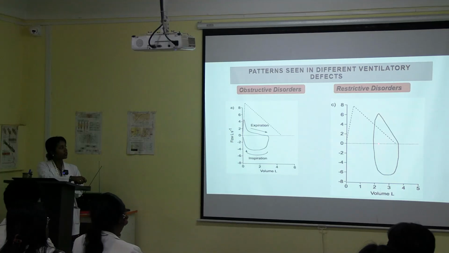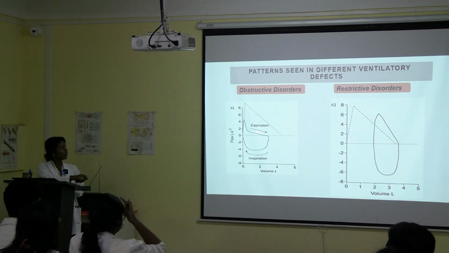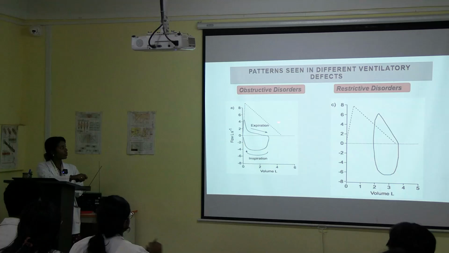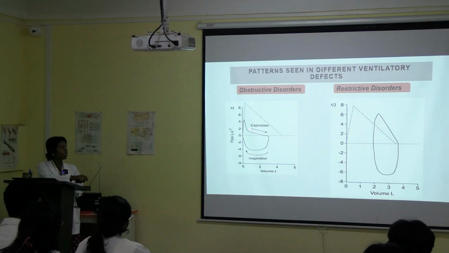This one is for restrictive lung disease. So the two graphs are different. This is for your obstructive lung disease. The dash line is supposed to be the normal. If you compare to the normal one, this is very, very less. Scoop out is there. And this is tall, tall and thin.